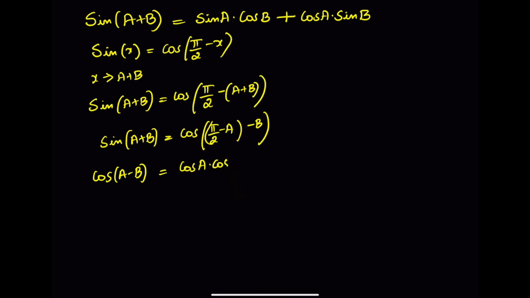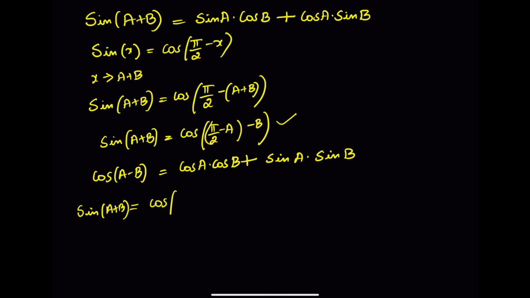Now we know that cos of A minus B is equal to cos A cos B plus sin A sin B. So let's apply that. We are continuing this equation now.